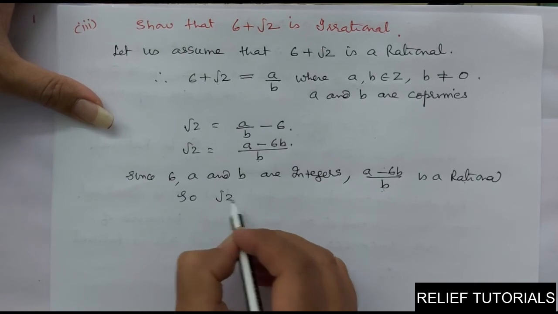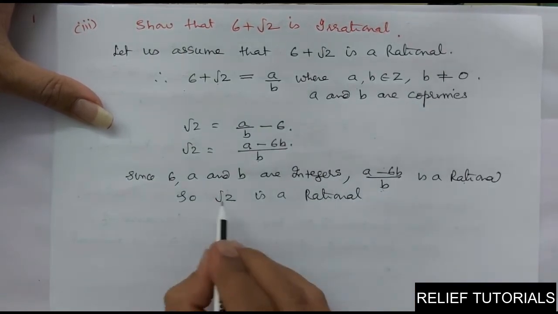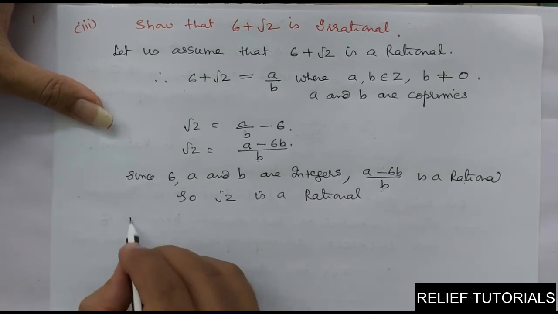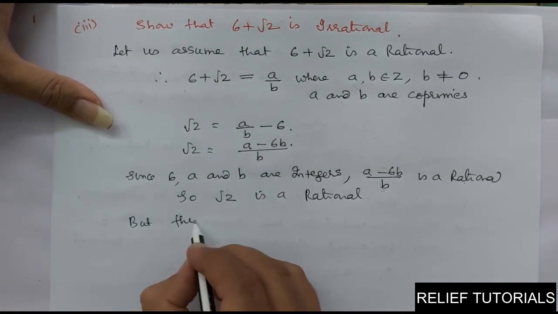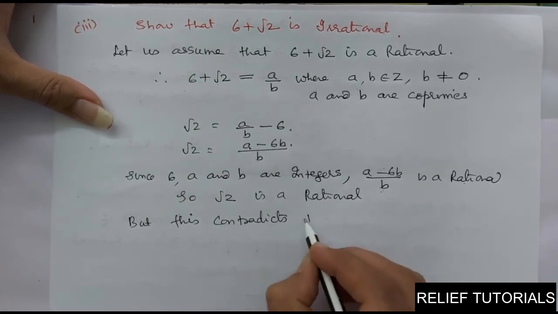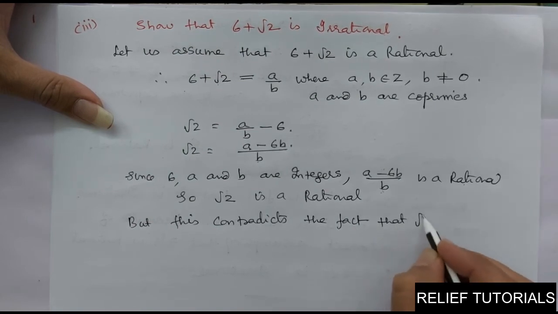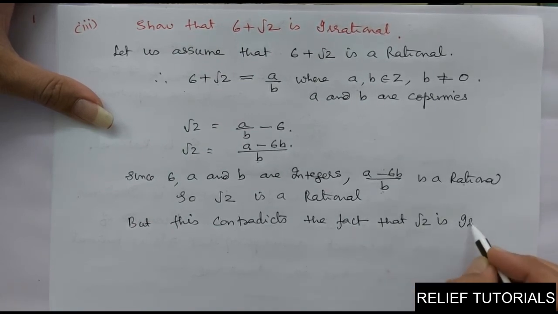So root 2 is rational. But you know that root 2 is irrational. So we can say, but this contradicts the fact that root 2 is irrational.